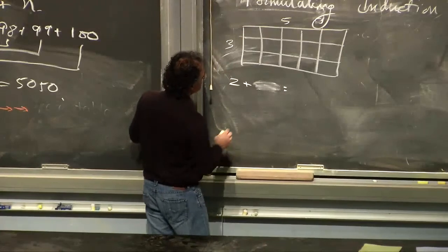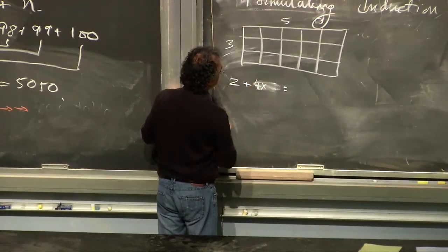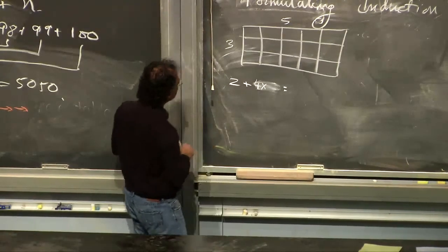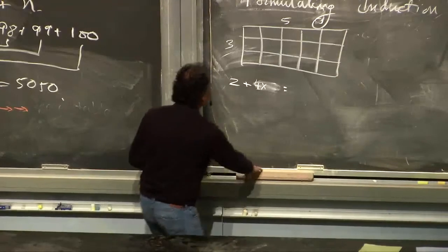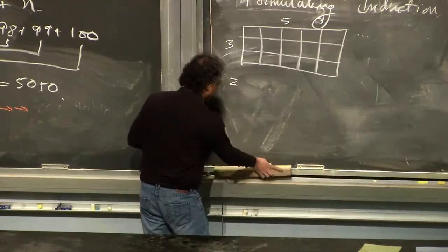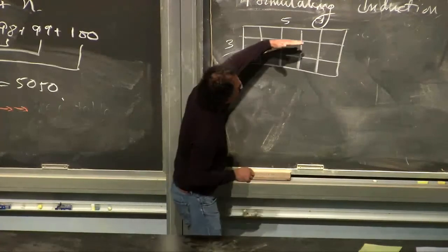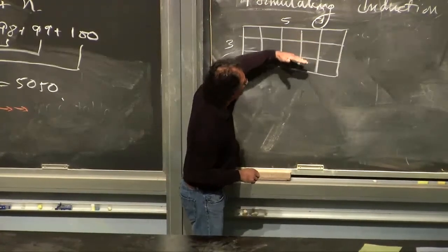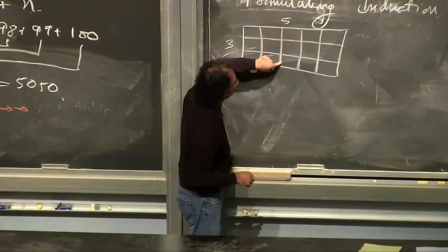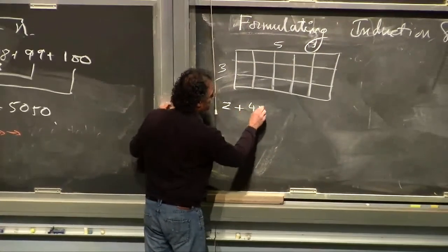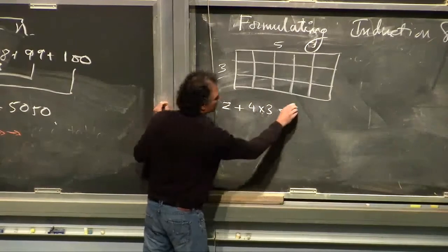No, 4 times 2. Sorry, what did I do? Oh, you're right, okay. So I split it along these, right? Okay, so now I have 3 pieces, and each one I have to split 1, 2, 3, 4, so plus 4 times 3, which is 14.